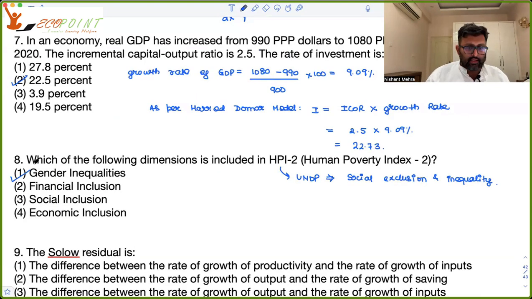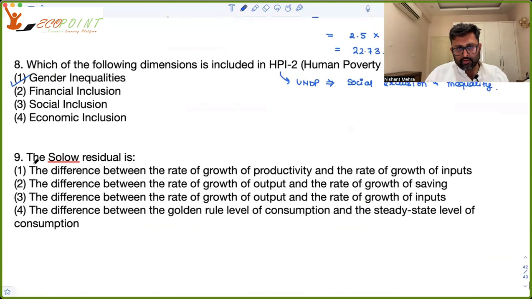Right? What is the Solow residual? See, the growth in output can be because of the growth in inputs. It can also be because of the growth in factor productivity, total factor productivity. Now, as you write, y is equal to A into F of K, L. A is the technology parameter. F of K, L is a production function, which is made up of the inputs. It is the relationship between inputs and outputs. So output growth can happen due to input growth, and it can also happen due to productivity growth.